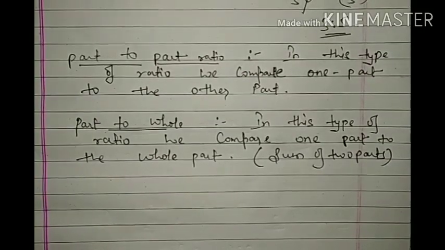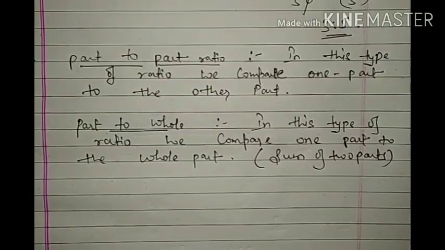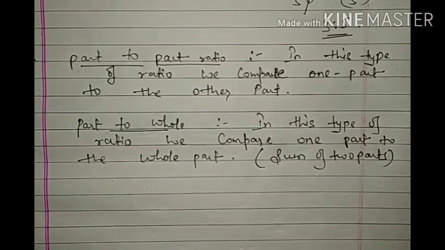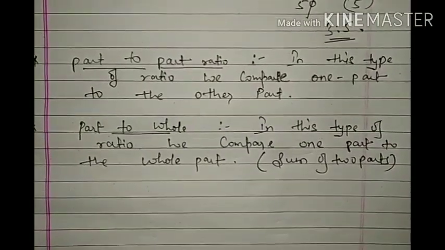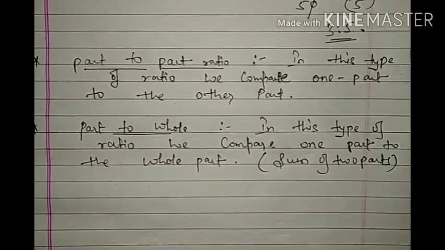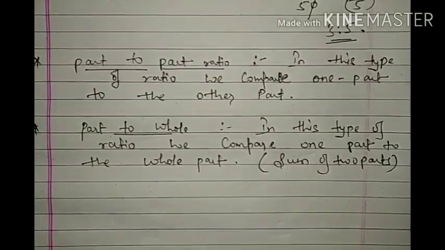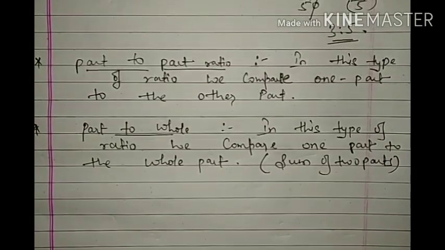This was the beginning of ratio. It is a very interesting and easy chapter which you all can solve very quickly, and if you have doubt anywhere, I'm there for you. You don't need to worry about it. You can solve each and every question very clearly.